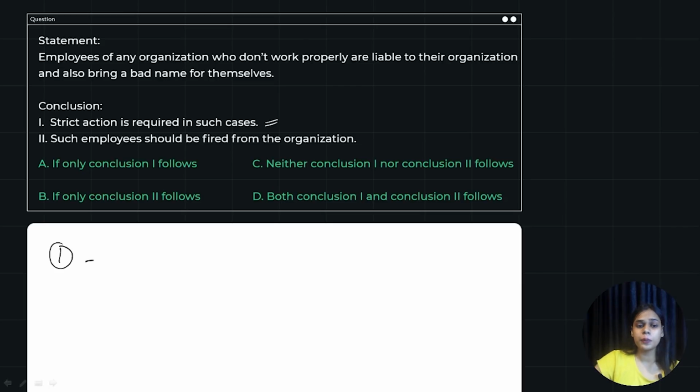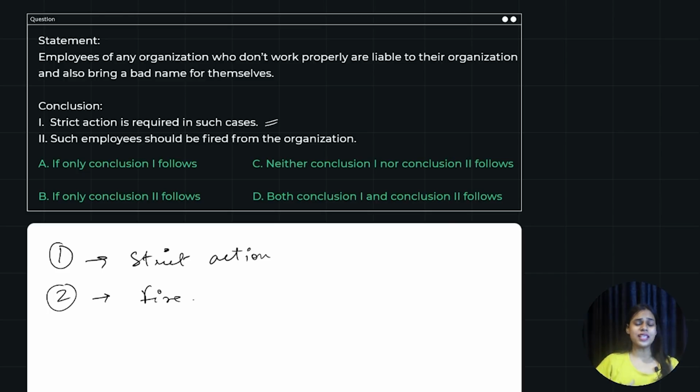So the first conclusion says strict action, and the second conclusion says fire. So, for example, let's say an X company has employees A, B and C. A and C are working very nicely. B is not working properly.